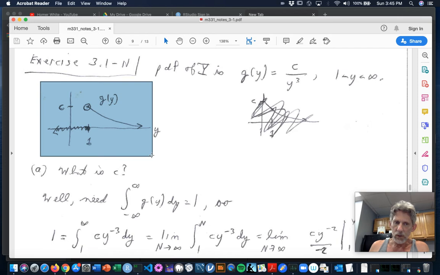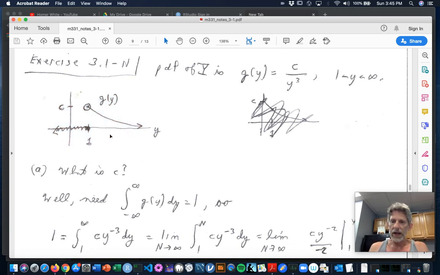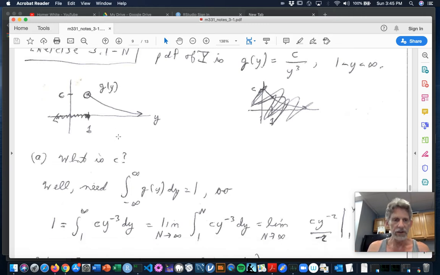So like if you did a graph, it would be like this right skewed thing. 0 until the little y is a 1, and then it jumps up to be c over 1 cubed, c, after 1. Well, not exactly at 1, because they said y bigger than 1. So there's a little hole right here. And then you've got the c over y cubed graph, and so you've got this kind of right skewed distribution or density function.